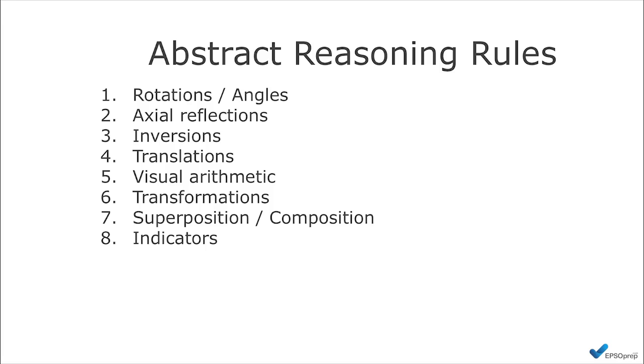The eighth rule is called indicators. In these type of questions, an object is used to represent various visual elements in a diagram. So you'll need to follow the instructions and unpack, for example, what a triangle is representing. The ninth rule is additions or subtractions. So in these types of questions, visual elements or objects are either added and or subtracted to create a pattern.